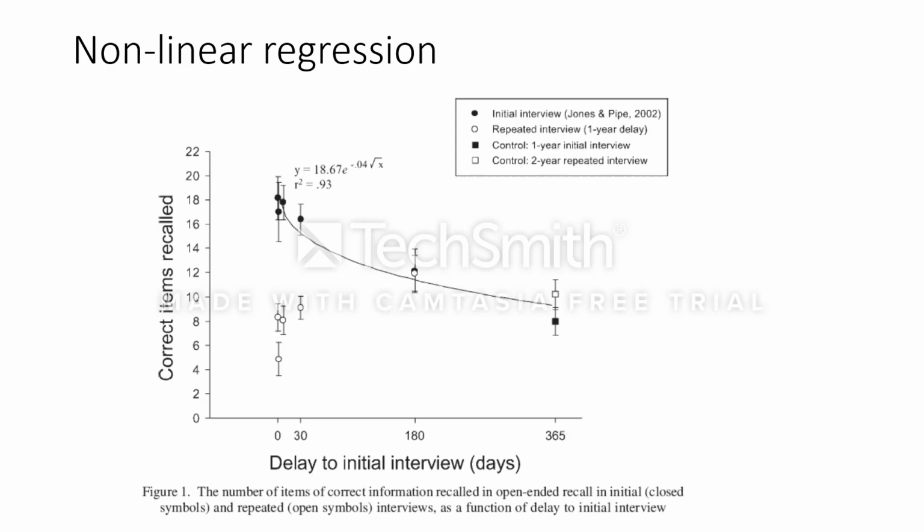So that is some basic information about linear regression. There are also examples in the psychology literature of nonlinear regression. And here is a regression equation that is regressing memory scores on this line against the delay. And what makes this nonlinear regression here is that we can see that there's a square root in the equation.